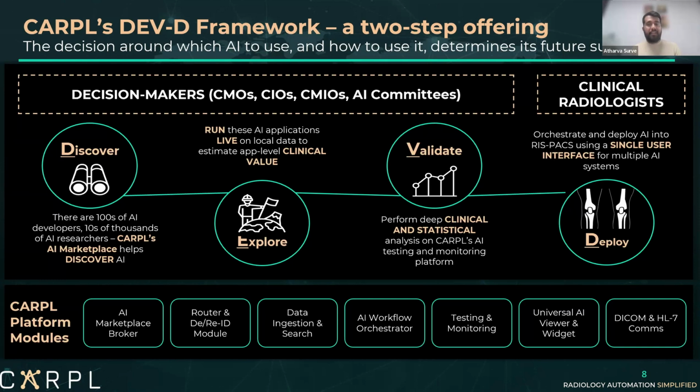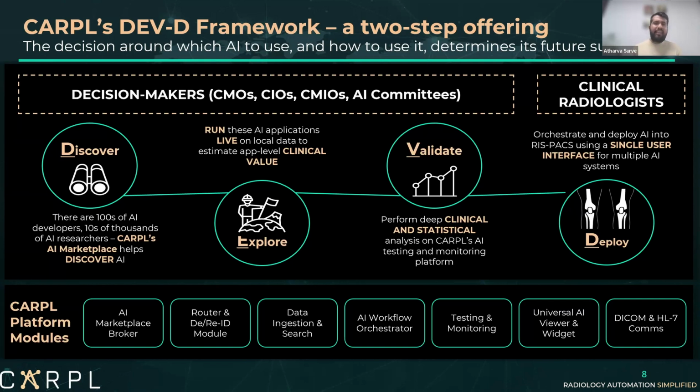And not just that, but with our validate toolkit, what we want you to do is statistically validate these AI solutions and be confident in how they perform on your data set from scans acquired from your machinery, so that you can be confident in actually going ahead and deploying them in clinical practice. CARPL as a platform, as you can see, covers all of these various components to allow you to do that. And the beauty of CARPL is that we are modular.